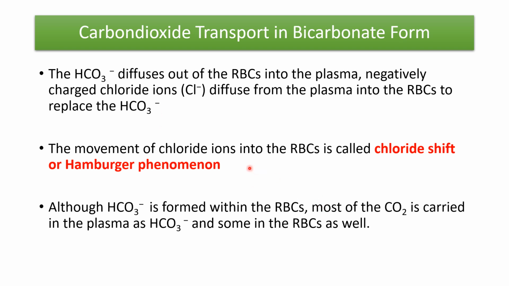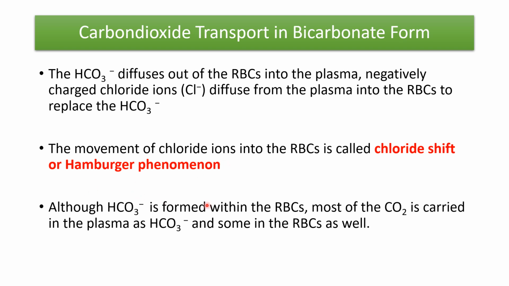This movement of chloride ions into the RBC is called chloride shift or Hamburger phenomenon. This process is mediated by a special bicarbonate chloride protein known as band 3 or anion exchange 1 protein, as it shuttles the ions in opposite directions at a very rapid speed.